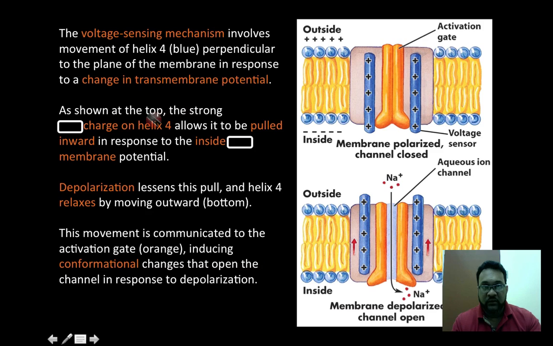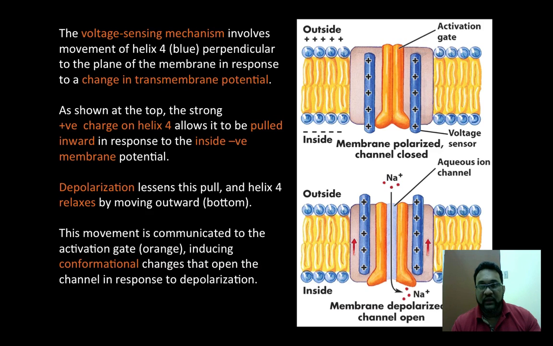Alright? Now as shown at the top, what charge is the helix here? The helix 4. So you should have said positive charge. The helix is pulled inward in response to the negative membrane potential. So remember, at rest, the inside of the membrane is negative. So the positively charged helix 4 is attracted to that negative potential on the inside.